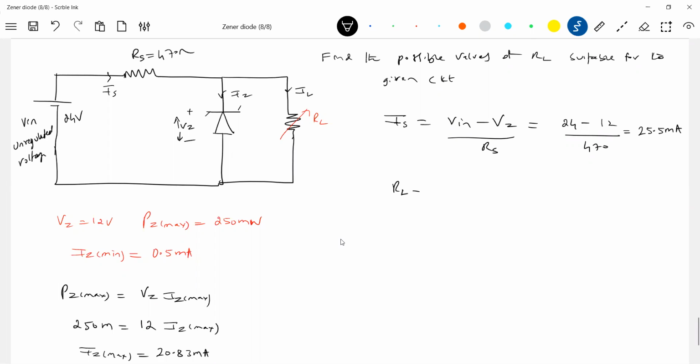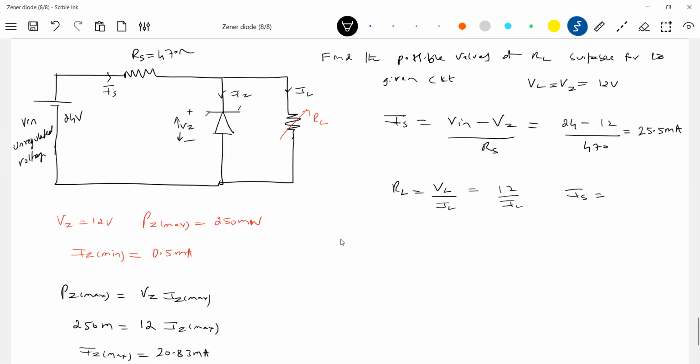RL equals VL by IL, and we know VL equals VZ, which is 12 volt. RL will be maximum when IL is minimum, and this will be 12 by IL.